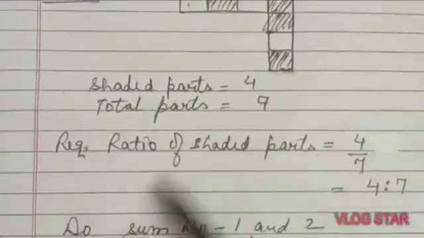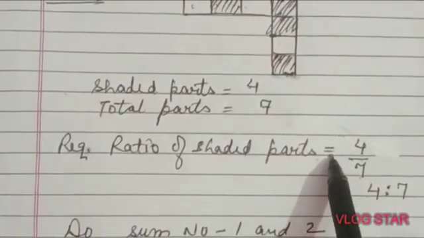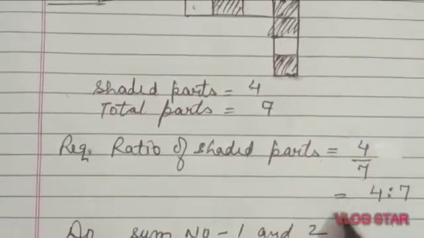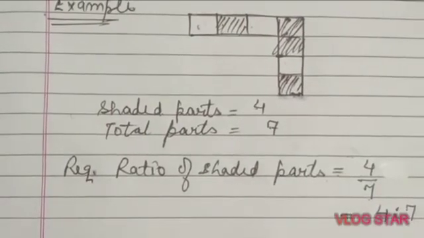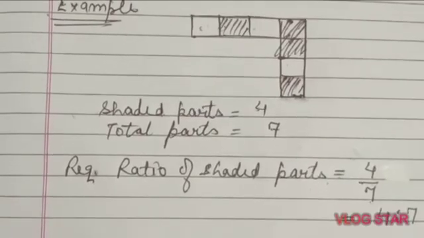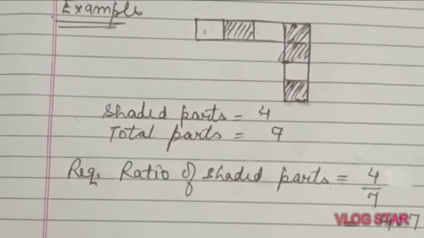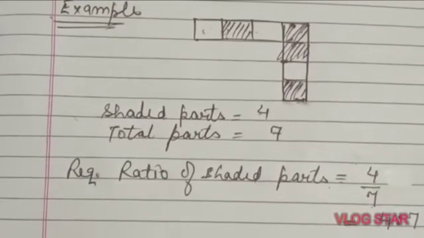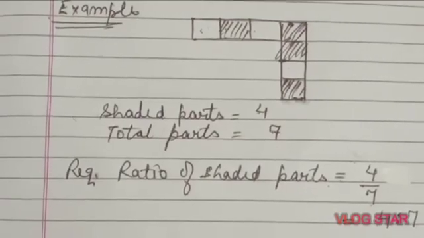Now the required ratio of shaded parts is 4 divided by 7, that is 4:7. So this is all about how to express the fractional value into a ratio, and if a figure is given to you, how you have to give the required ratio. Thank you.